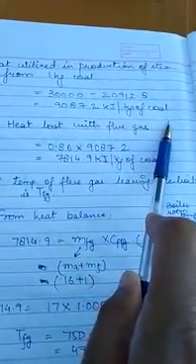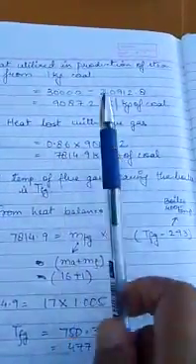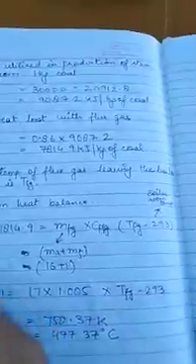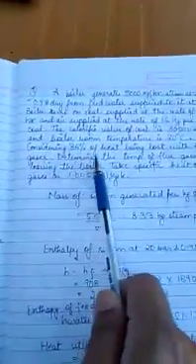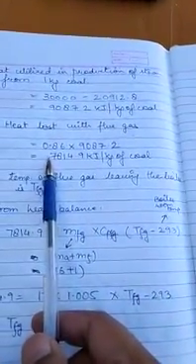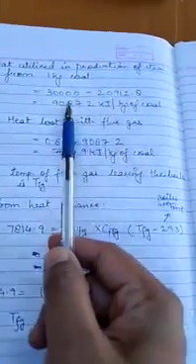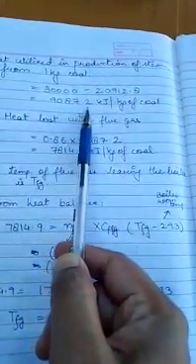Now, for calculating the heat lost with the flue gases, it is already mentioned in the question that 86% of the heat is lost with the flue gases. So out of the heat loss, 86% is being carried by the flue gases. So it is 0.86 into the total heat loss, which we have already calculated per kg of coal.